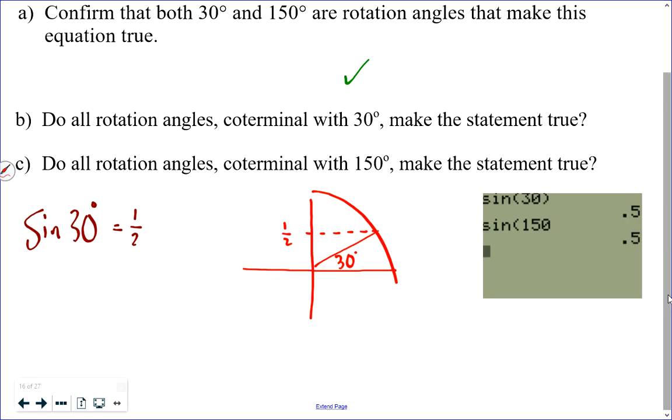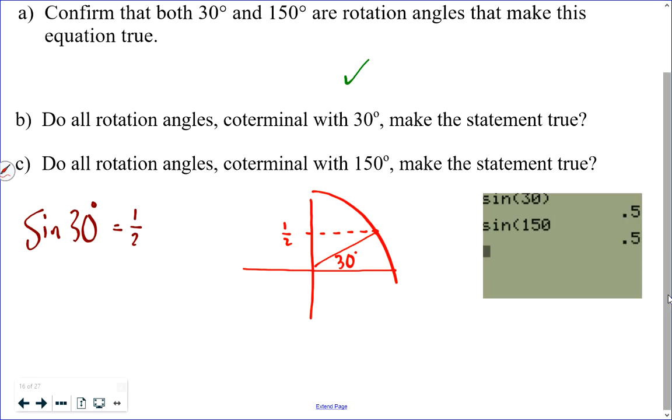So what will the y coordinate of the point on the unit circle be for any coterminal angle with 30? Well, coterminal means you still end up in the same place. Whether I say this is 30 degrees, or 390 degrees, which would be 360 plus another 30, or negative 330, I end up in the same place. The angle is different. The destination is the same. The location is the same.